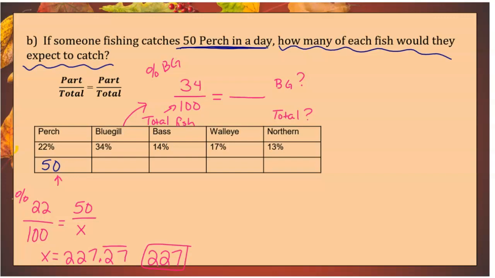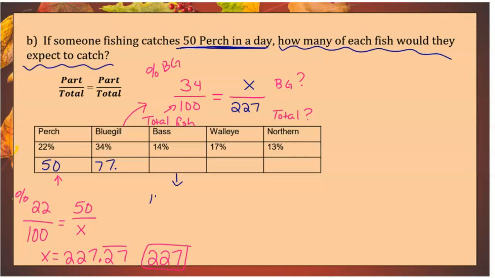So if that's our total fish, I can put 227 down here and solve for the amount of bluegills. 34 times 227 divided by 100 is about 77.18 fish. So let's just say 77 fish are bluegill.